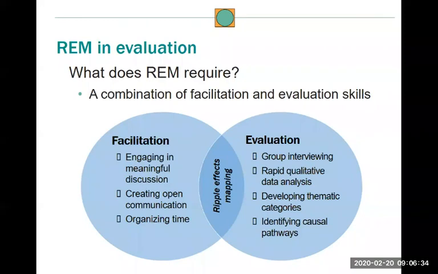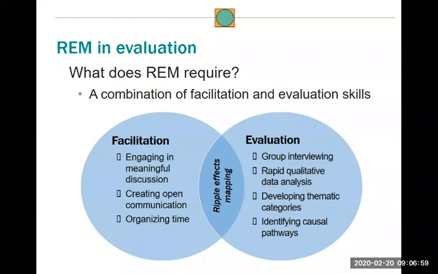So what does REM require when you're using it in an evaluation? Because of its group participatory nature, conducting a ripple effect mapping evaluation requires both facilitation and evaluation skills. Session facilitators have to have strong skills for engaging the group in meaningful discussion, create open communication, and organize the time.